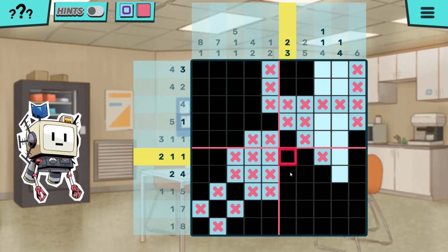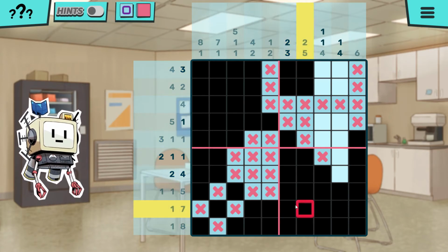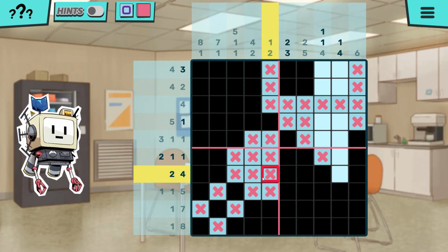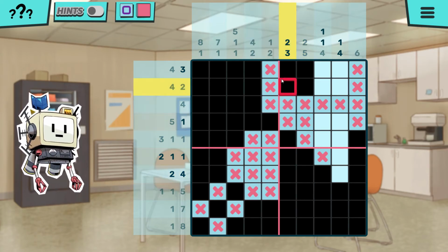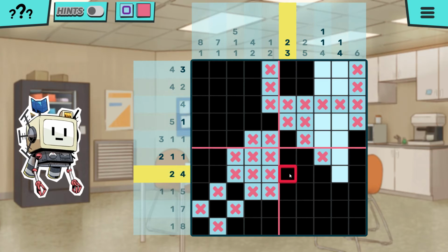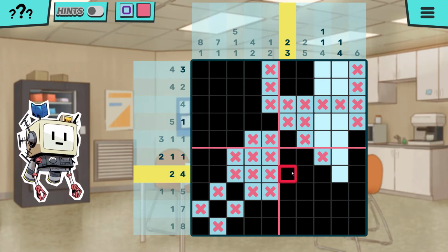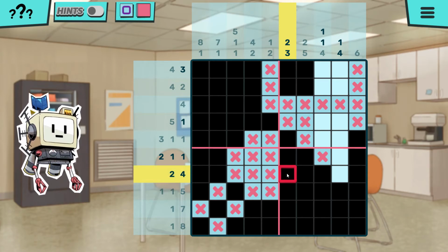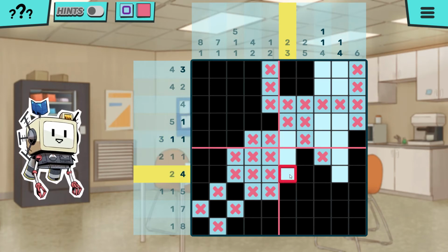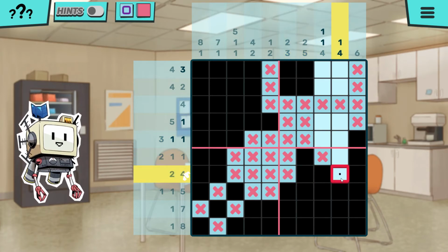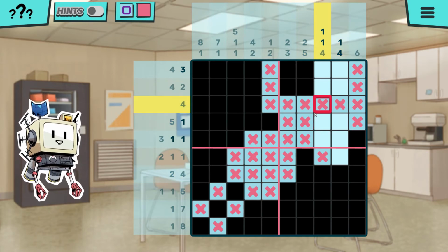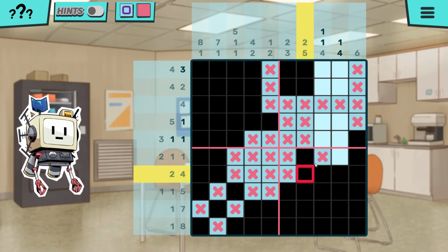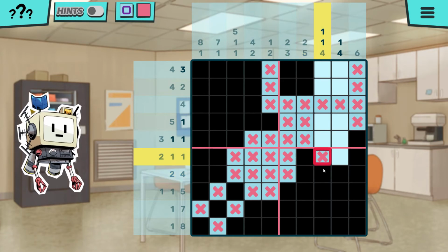This says 2, 3. Wait a second. Something I did was wrong. I don't fully understand how I messed that up yet. Let's put blanks in here for now. Make these blank, fill that out. I don't know why I messed it up, but it should be right now.